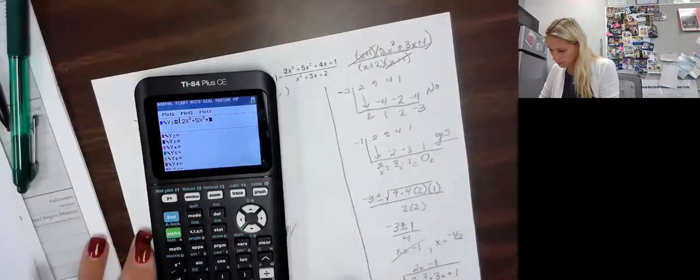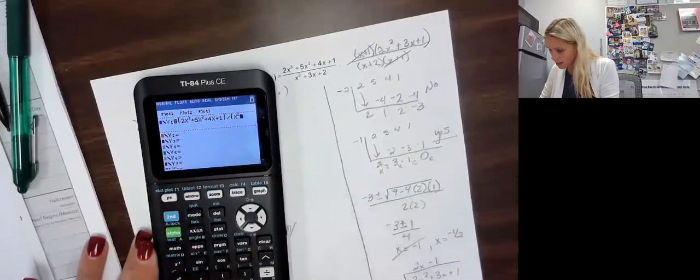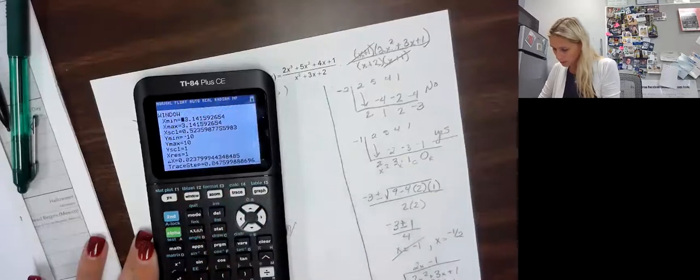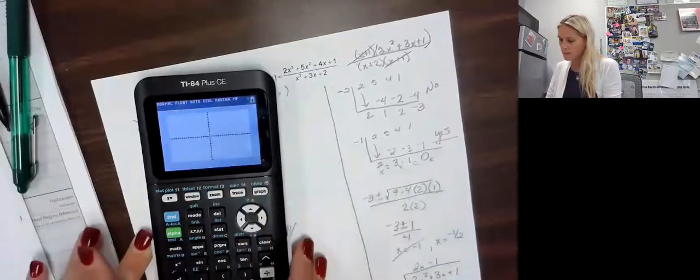There we go. Plus 4x plus 1 divided by x squared plus 3x plus 2. I'm going to make sure my window's in the middle, and then I'm going to go out if I need to, okay?